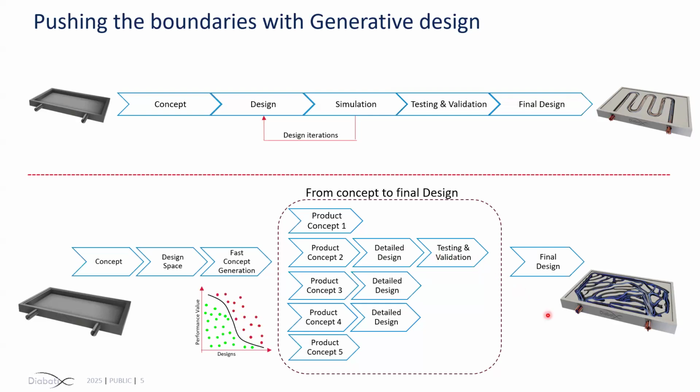The expected output at the end of this exercise is not a design that looks like the one above, which is very conventional in terms of designing and manufacturing, but something that maximizes performance and at the same time is cost effective. I will give you a demo later where I will show how we are designing a battery cool plate, but this is the entire idea with which we are driving our developments.